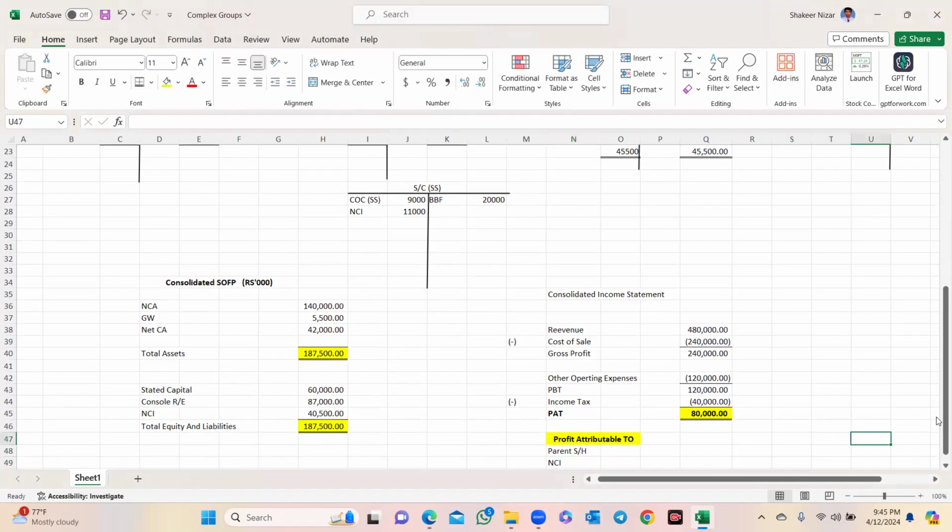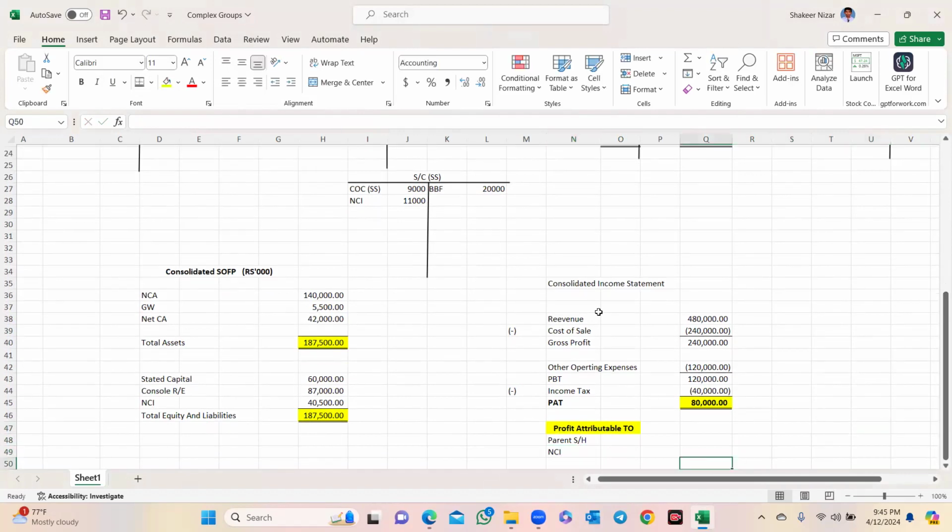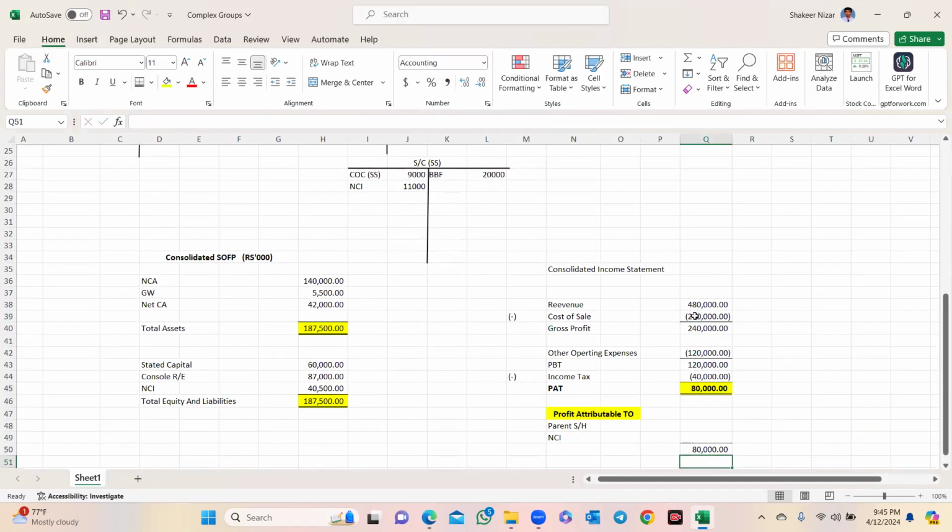So we firstly recognize the NCI portion. We have 80,000 here. Such distribution is needed: 80,000 distributed among NCI shareholders and the parent shareholders. How to distribute, we're going to discuss now, right? The statement always starts with NCI, so firstly we identify the NCI portion.